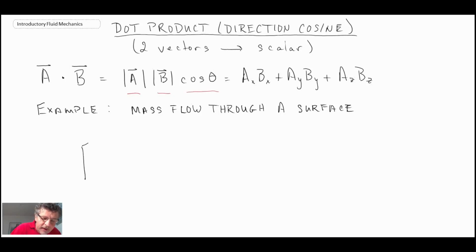I'll begin by drawing a schematic of what we're looking at. So we have some area A, and coming out of that area, we will have a velocity vector, and I'll draw it as V. And we also have a unit normal. The unit normal is perpendicular to the surface A, and we'll give that the symbol little n with a hat to denote the fact that it is a vector, but it's a unit vector, so it has magnitude of 1.